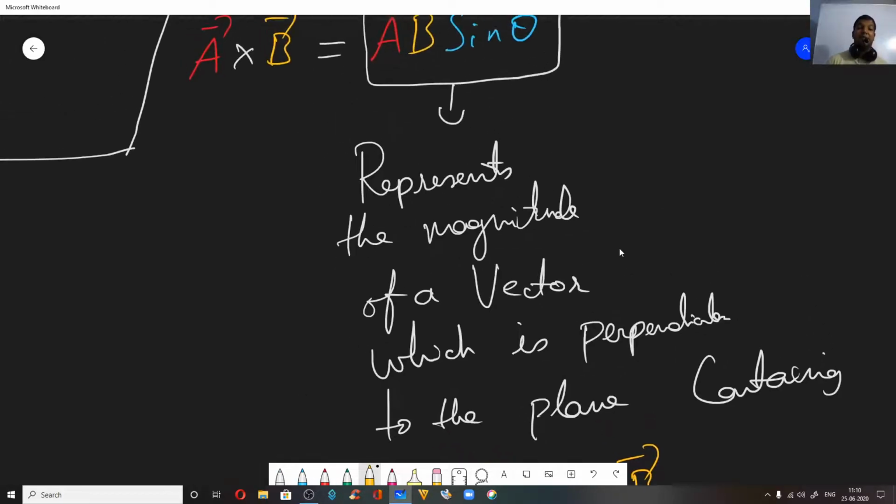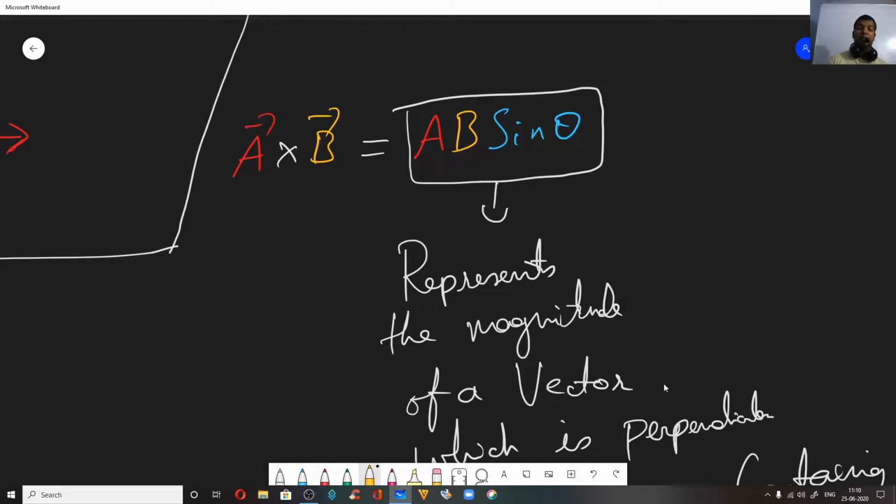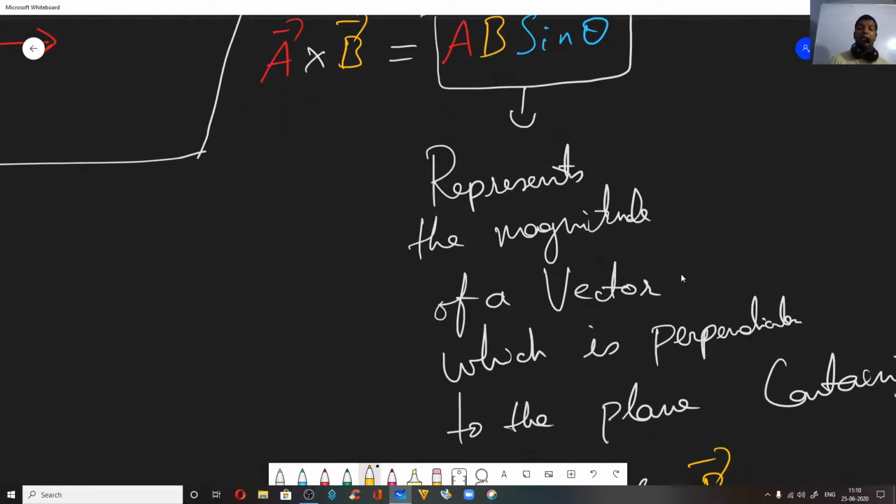This represents the magnitude of a vector which is perpendicular to the plane containing vector A and B.